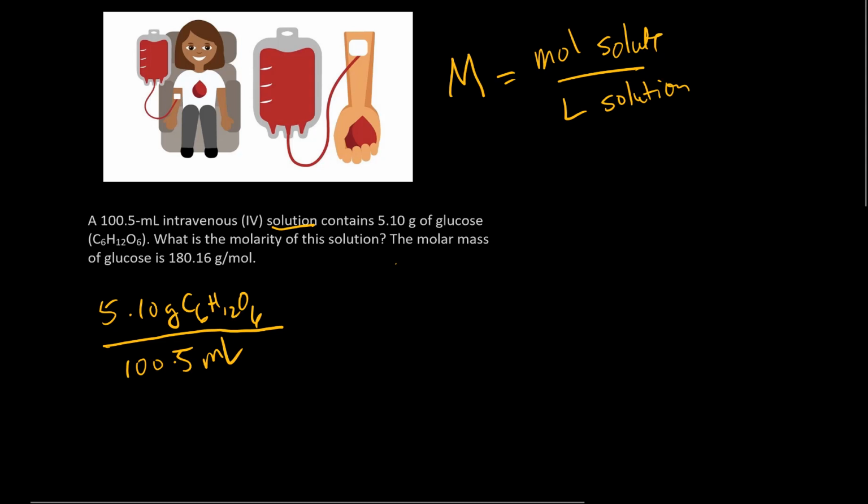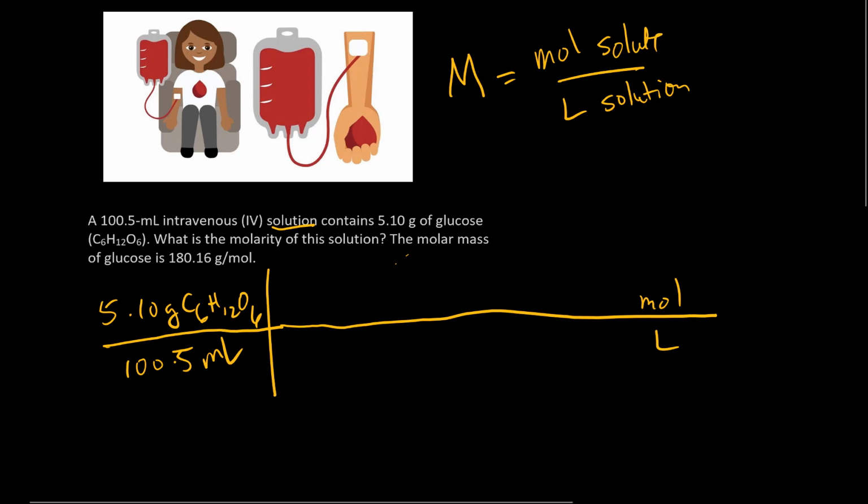We have the volume of the solution, which is 100.5 milliliters. So now we just need to extend this out and convert this into moles per liter, because that is the measurement for molarity.